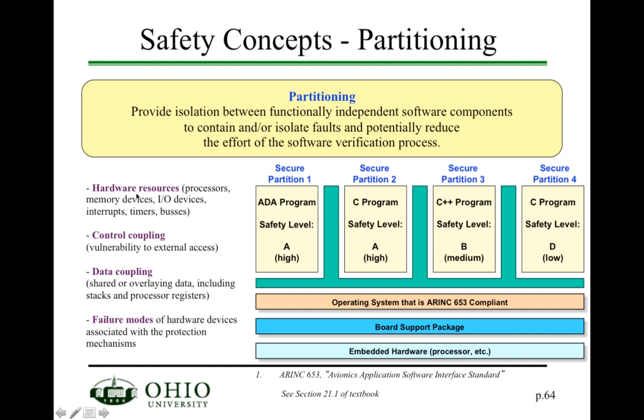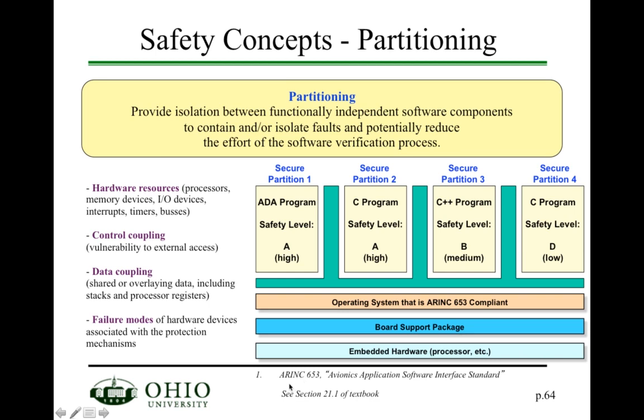So what you need to do is separate the hardware resources. You need to check that there is no control coupling between these and no data coupling. In other words, you want to be careful with shared memory and overlaying memory. Things like overflowing arrays in level D code. If they cause you to override memory that was used for level A, that would not be a good idea.